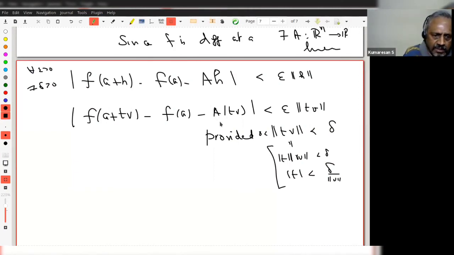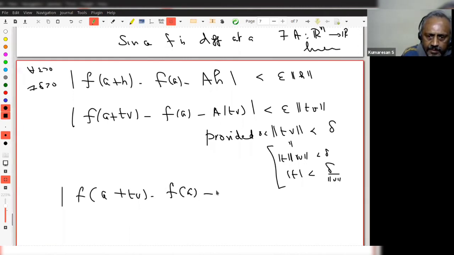So the last expression is nothing other than the modulus of f of a plus tv minus f of a minus t times Av, which is less than epsilon mod t into the length of v. You understand? Now I can divide everything by t.